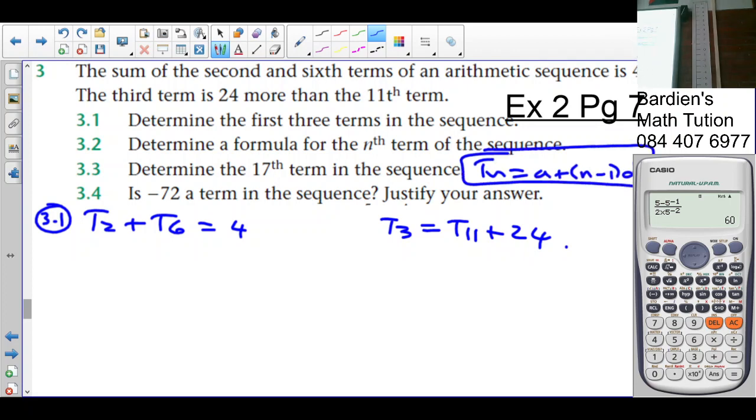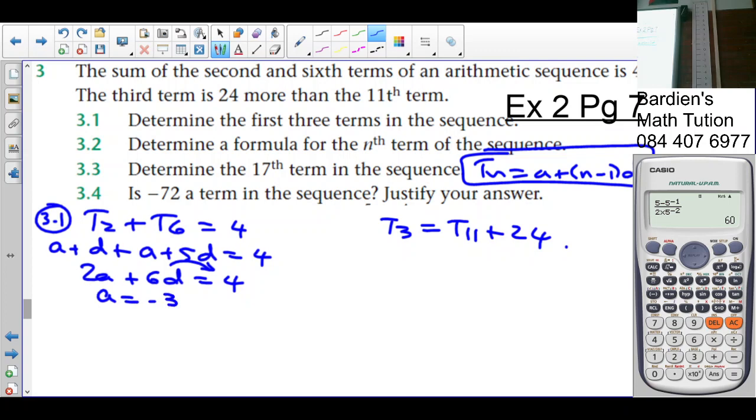So for T2, it's A plus D, and for T6, A plus 5d, is 4. That gives you 2A plus 6d equals 4. Divide by 2. So A is equal to negative 3d plus 2, and that's equation 1.